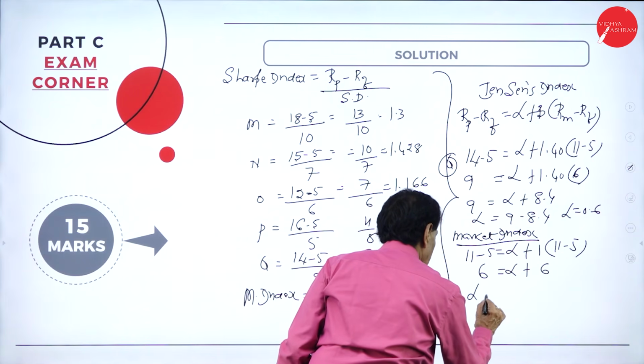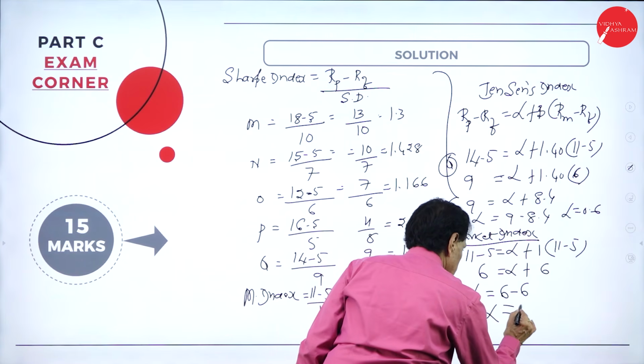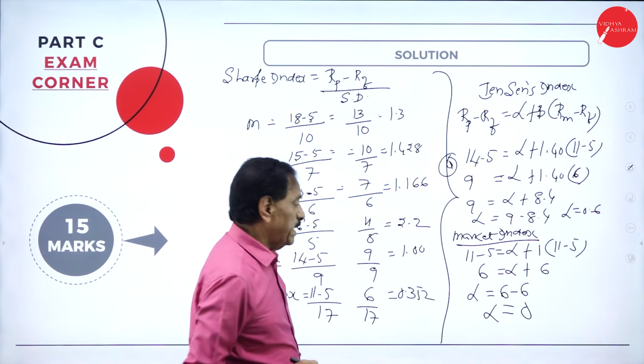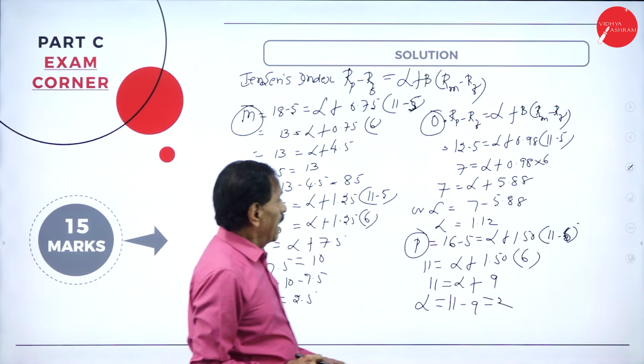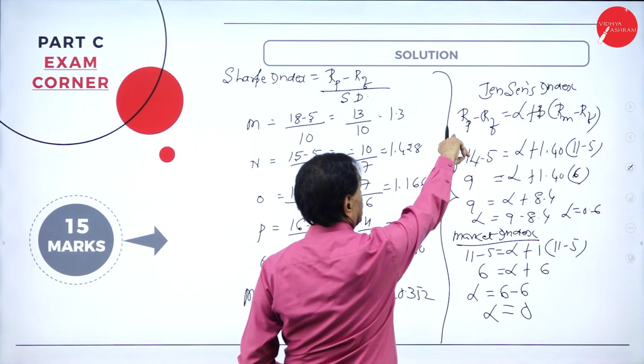Or alpha is equal to 6 minus 6, alpha is 0. Always market index is 0. So I have done up to P. There is no space, so I switch on to backside.